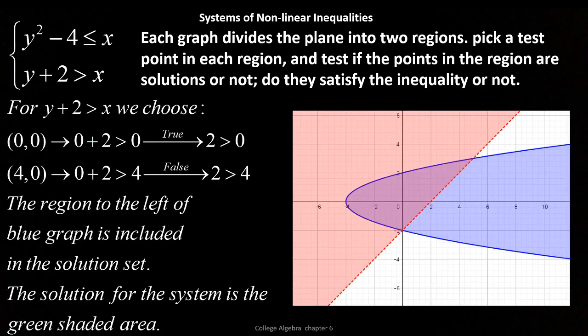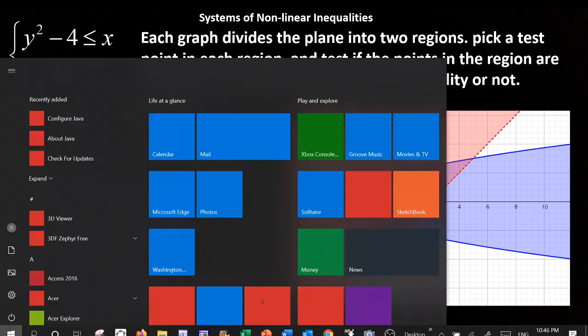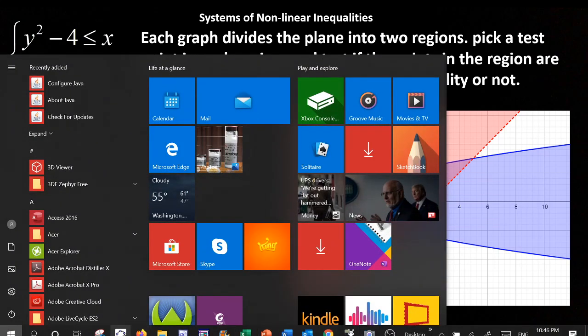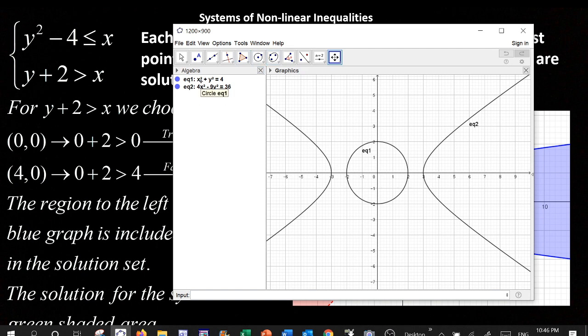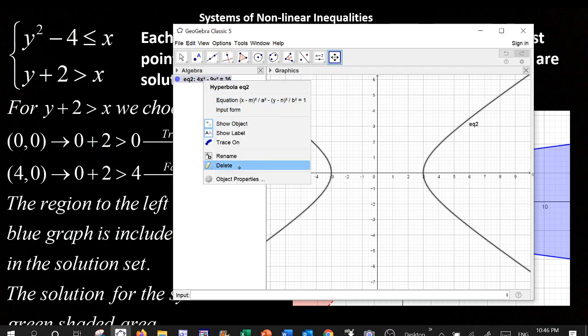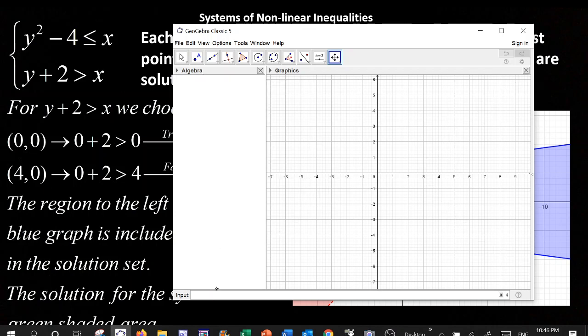And that's the same idea I just described. And again, if you use, let's say, GeoGebra, let me erase those and then do it with GeoGebra. With GeoGebra, the powerful thing is you can put y squared minus 4, and then you can pick less than or equal to from here.